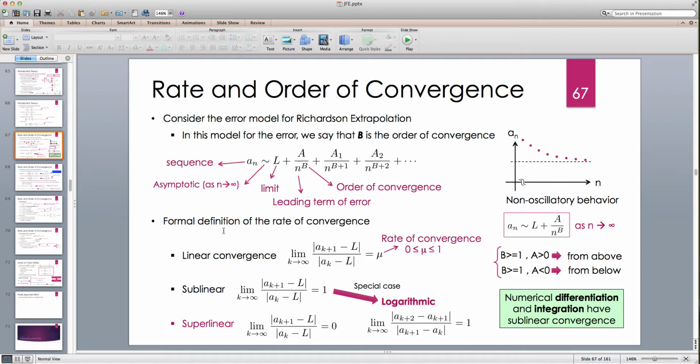But then there is another idea of rate of convergence, and that gives us a fundamental thing about the behavior of the sequence. If we already know the limit of a sequence, and then we take the limit as k goes to infinity of a_k plus 1 minus L, this is the error for the term k plus 1, divided by a_k minus L, so this is the error for the kth term.